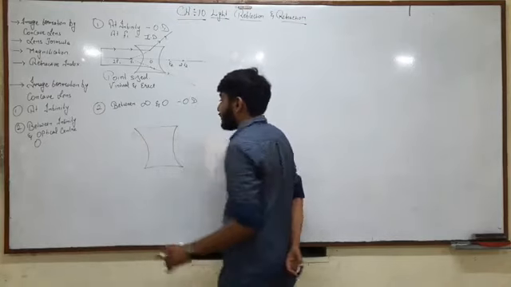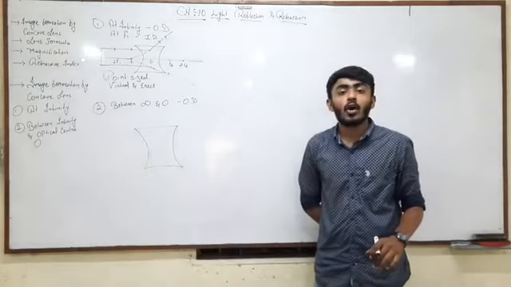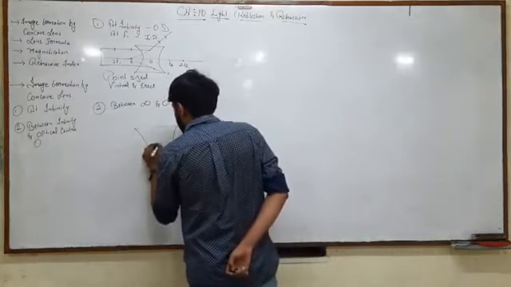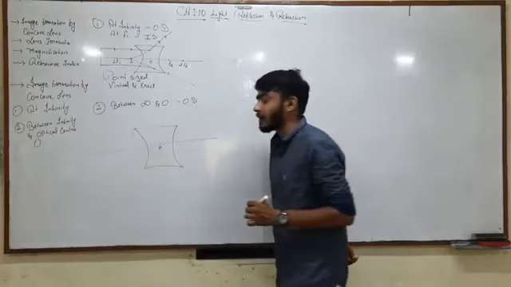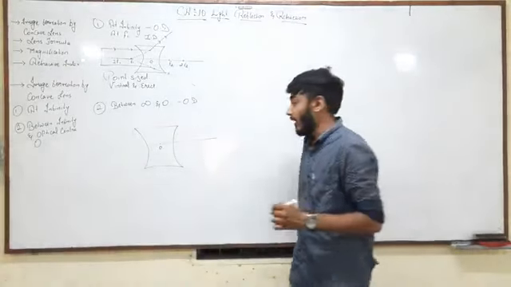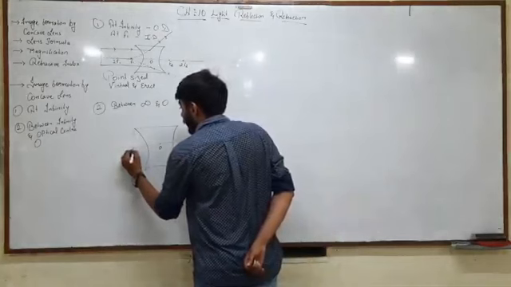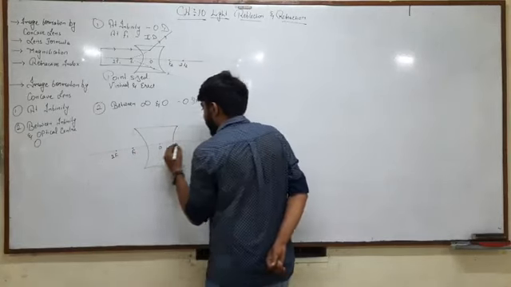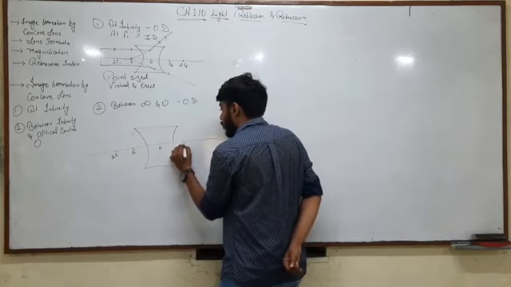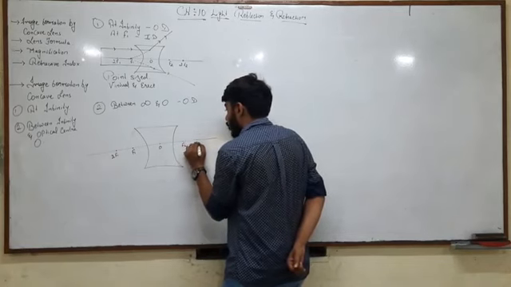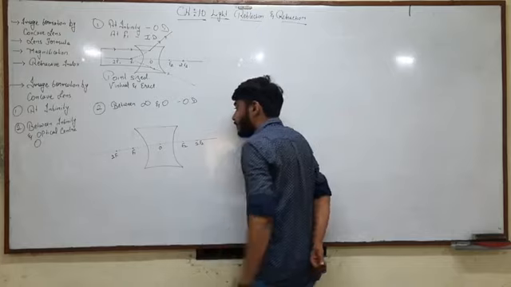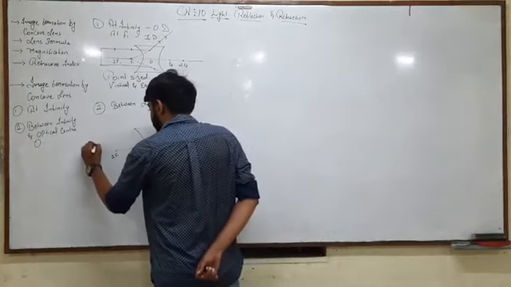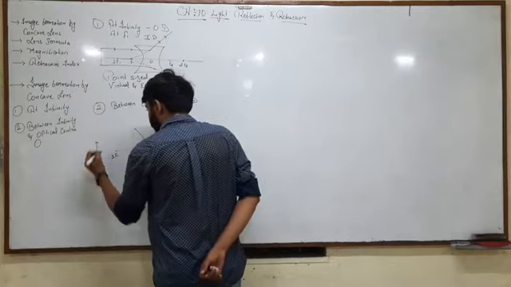This is again a concave lens. We will pass an imaginary line naming the optical center O. So this will be your F1, this will be 2F1, this will be F2, and this will be 2F2.